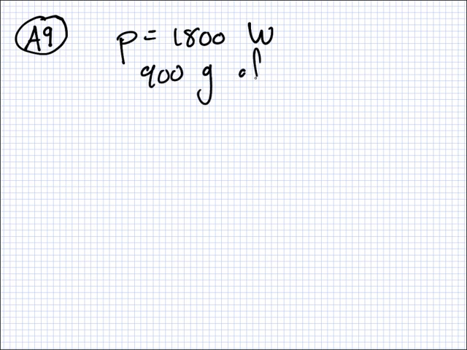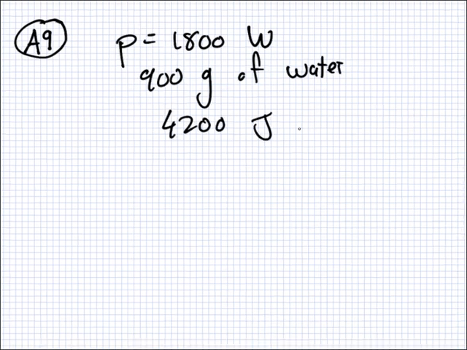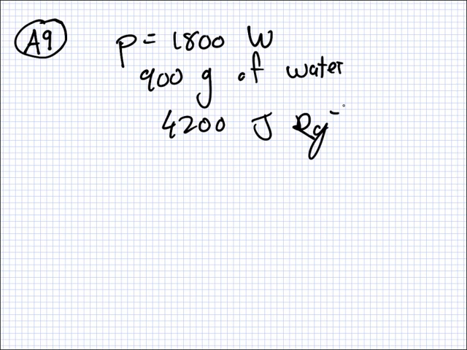Right. A heating element which is rated at 1800 watts provides energy to 900 grams of water. The specific heat capacity is 4200 joules per kilogram per Celsius. Okay, I think you got specific heat capacity.